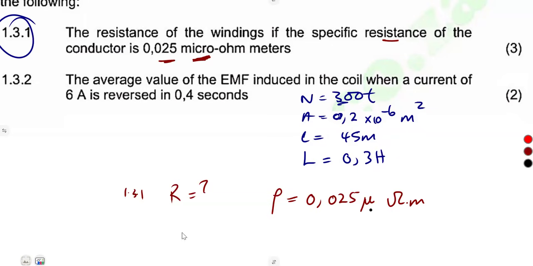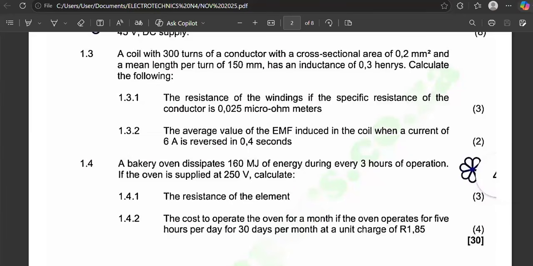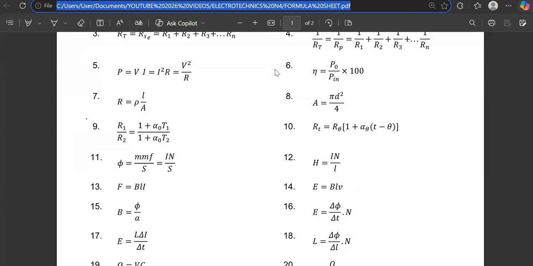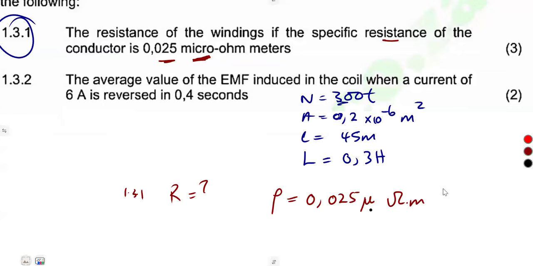So like I said, it is just a continuation from our resistivity concept. I needed a part where I've got my formula sheet here. If you check under your resistivity, we have resistance taken from resistivity times length over area. Do not forget all those basics.